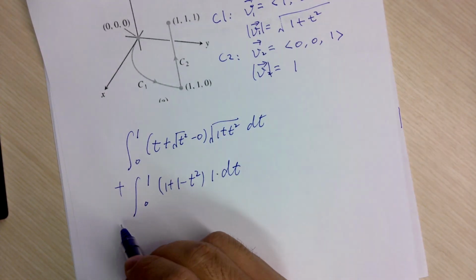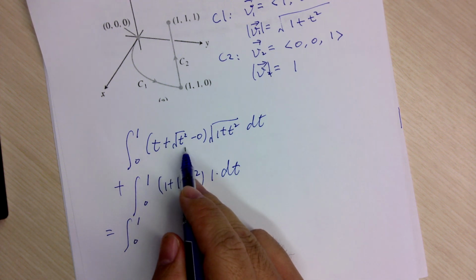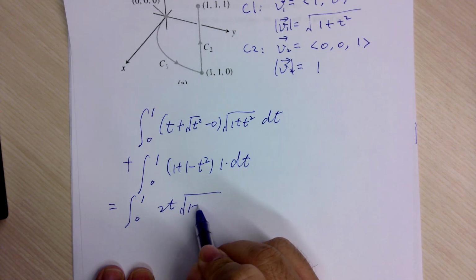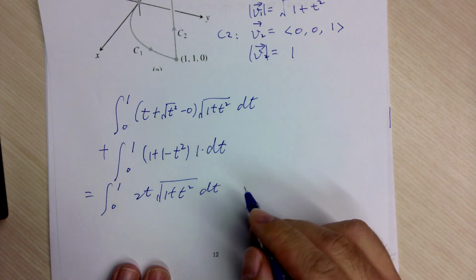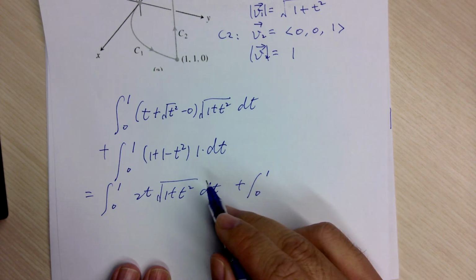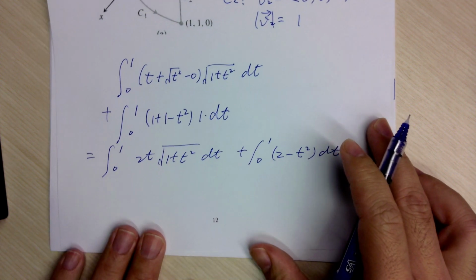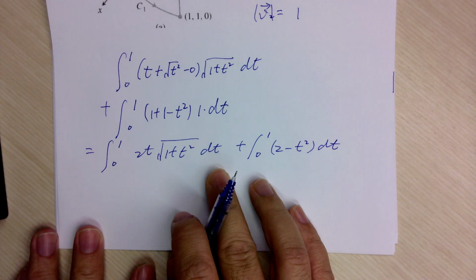So it turns out that from 0 to 1, this is t, and this is also t, so it's 2t square root of 1 plus t squared dt. And then from 0 to 1, it's 2 minus t squared dt. So for this one, you can just use a simple u substitution, right?